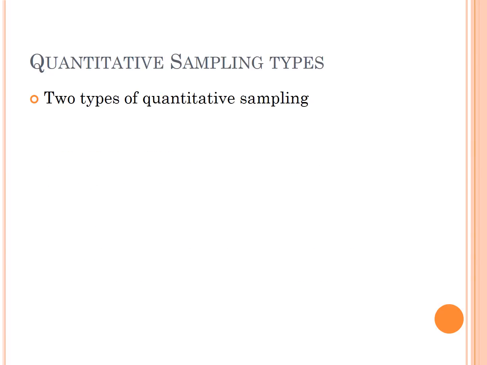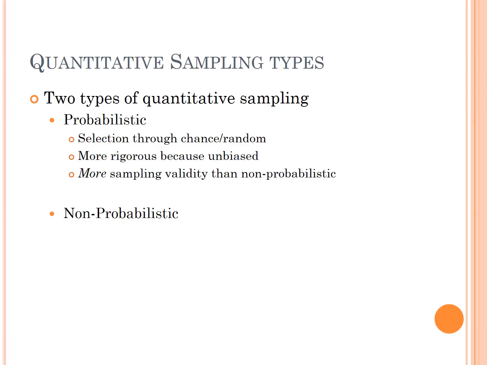There are a number of different quantitative sampling types and two broad families of them. The two types of quantitative sampling are probabilistic and non-probabilistic. Probabilistic comes from the word probability and essentially can be defined as everyone having an equal chance of being selected into the sample.